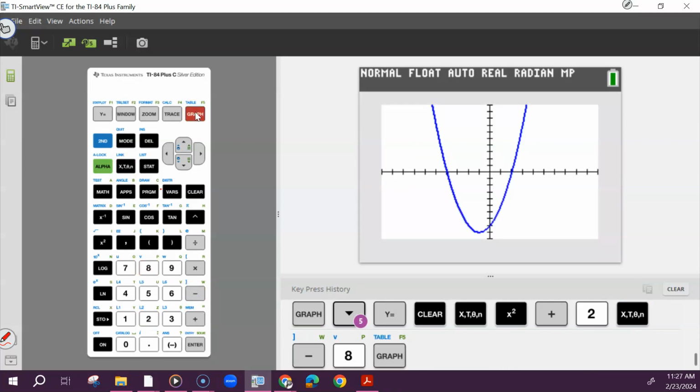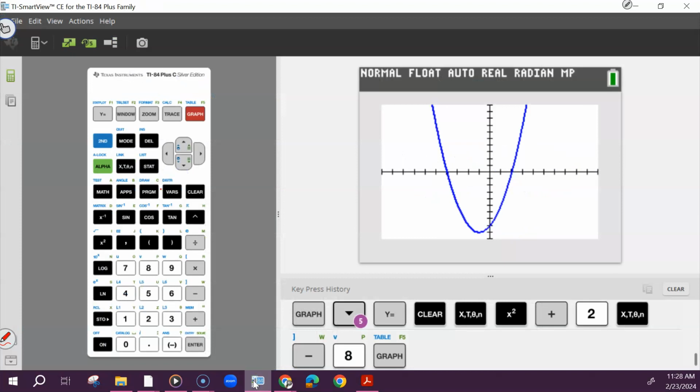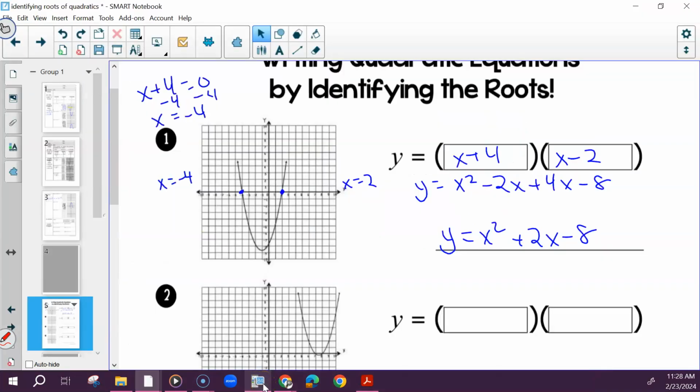So if I'm looking at this, I see that it has a 0 at 2 and a 0 at negative 4, which is what my original graph did. And if I look even further, there's a y-intercept at negative 8, which this one also does. So I know those would overlap. Questions on that before we do another one?